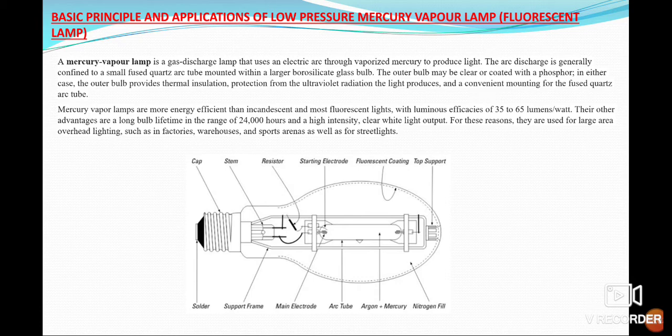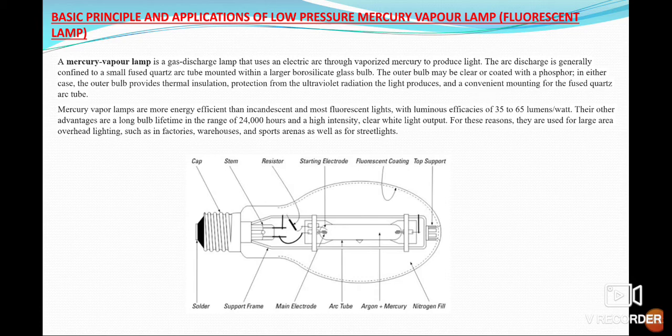The outer bulb may be clear or coated with a phosphor. In either case, the outer bulb provides thermal insulation, protection from the ultraviolet radiation, and also the light produces a convenient mounting for the fused quartz arc tube.